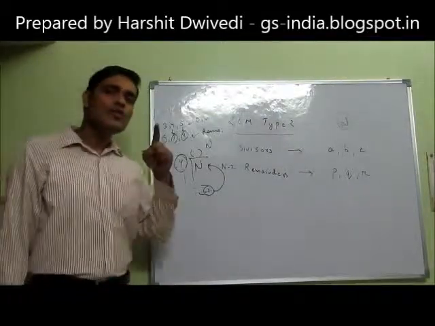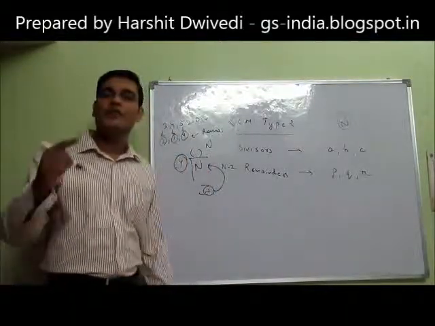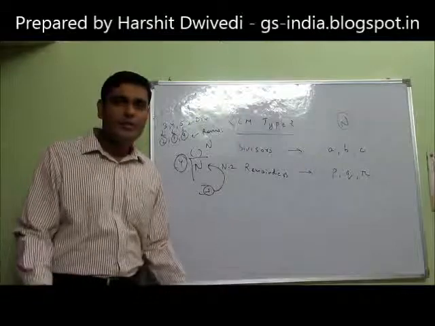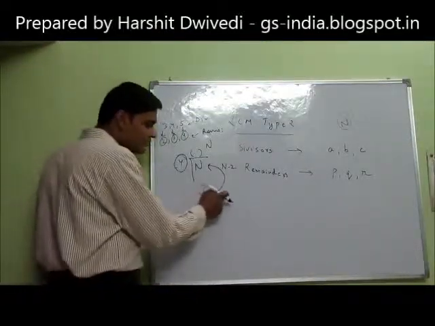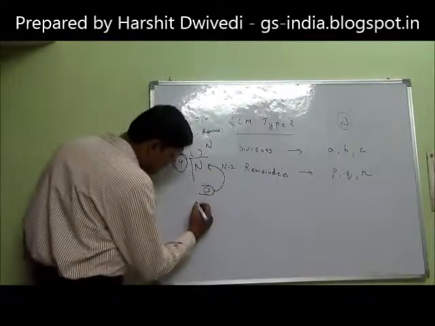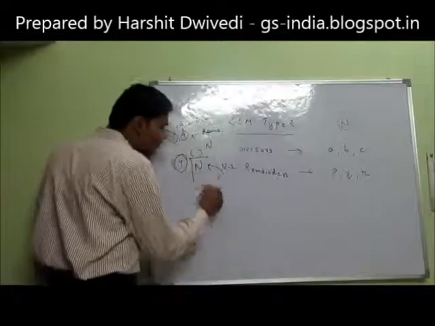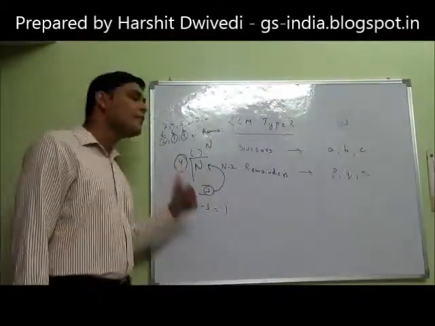Therefore, in order to convert a group having 3 quantities into a group having 4 quantities, I have to add 1 extra quantity. This is the simple logic. So I could add 3 with 1 and I will get 4. That means we can say 4 minus 3. If I add 1 extra to this number n, then n plus 1 will become divisible by 4.